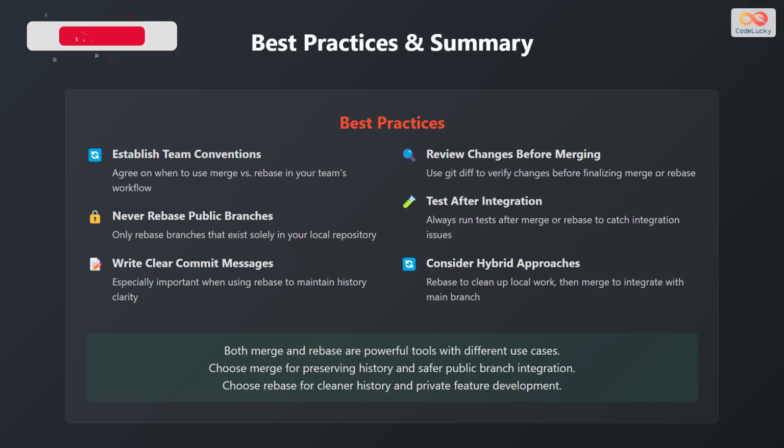Always review changes before merging using git diff to verify changes before finalizing a merge or rebase. Test after integration to catch integration issues after a merge or rebase. Consider hybrid approaches, such as rebasing to clean up local work, and then merging to integrate with the main branch.